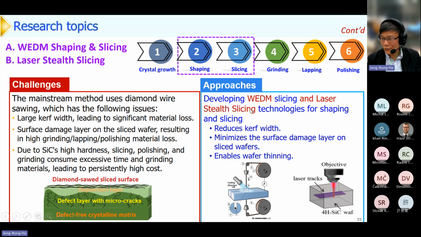So our approach is that we are developing wire EDM slicing and laser slicing techniques for shaping and slicing. We can reduce the kerf width and minimize the surface damage on the sliced wafers, and we are also enabled to slice very thin wafers.